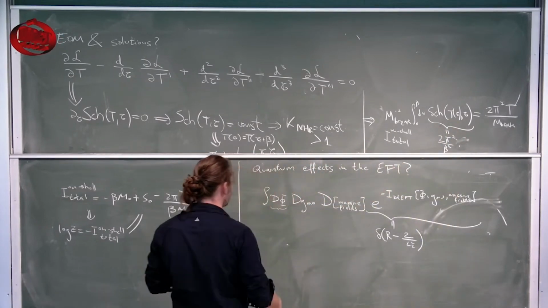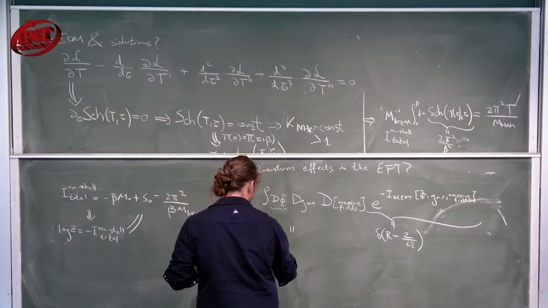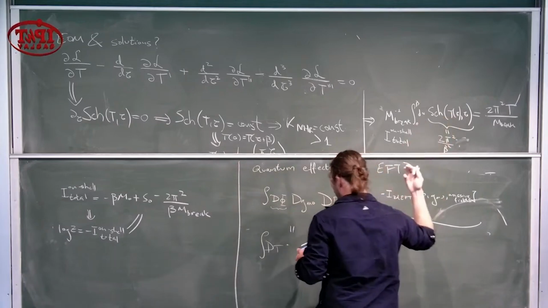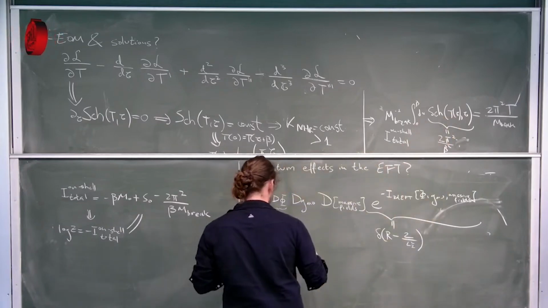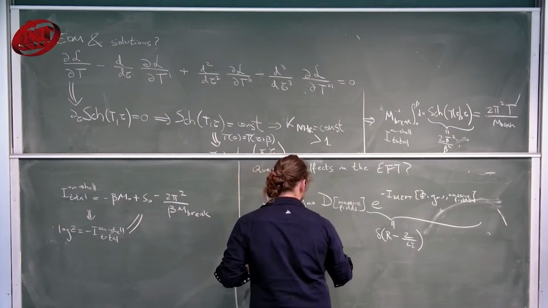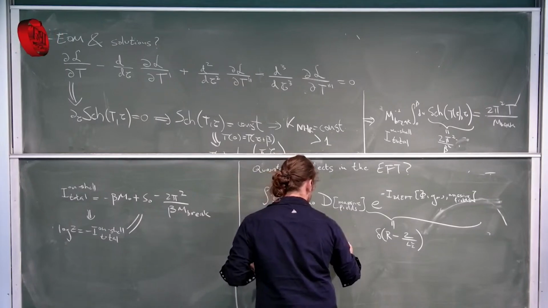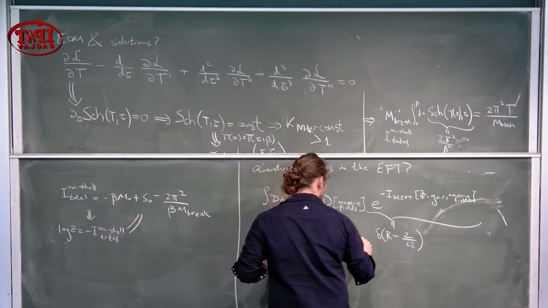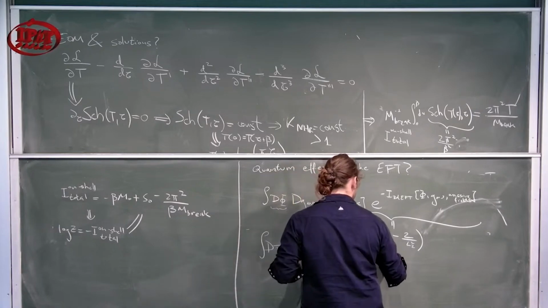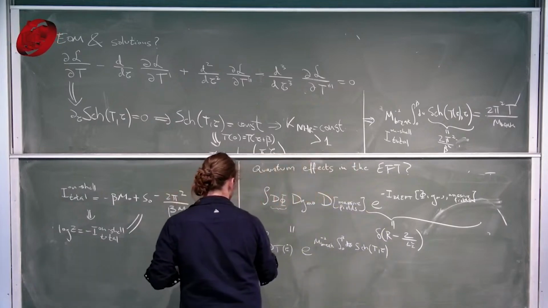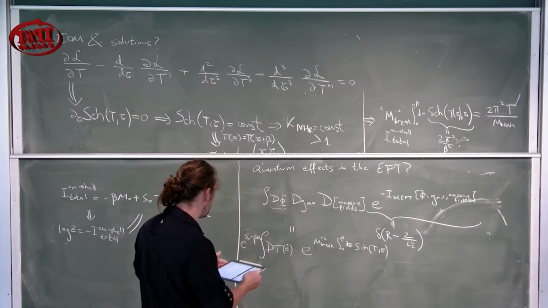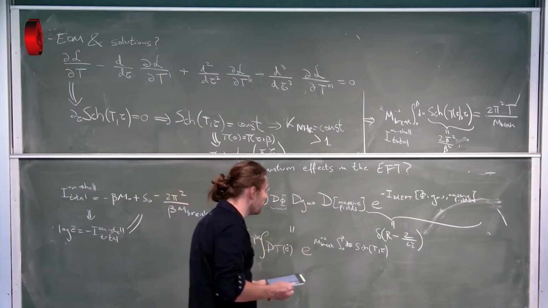So the thing that I'm left with, if I want to correctly capture quantum effects, is an integral over all possible curves that are parametrized by T of tau, e to the m break inverse integral from 0 to beta du d tau Schwarzian of T and tau, where in front of the action I have this factor of e to the S naught minus beta m naught that came from fixing the background far away from the black hole.